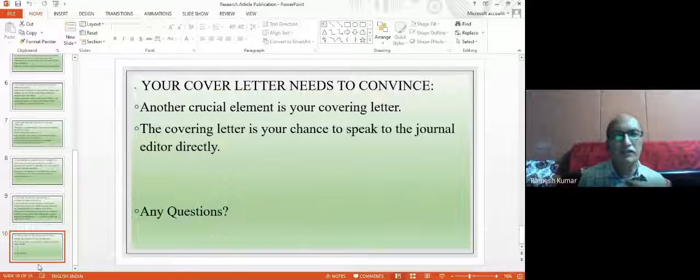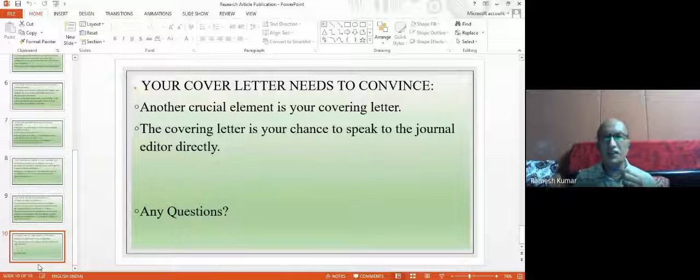Why your area of research in that article is important to society, or in general to research scholars, and why they have to publish it. That is what is going to play a very important role. If you follow this, it's obvious that people will be able to publish more articles.